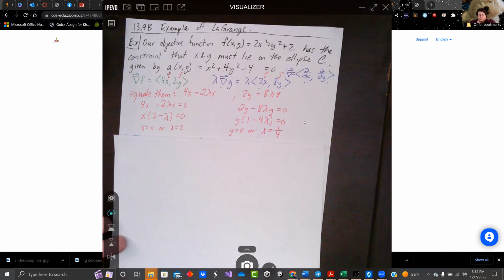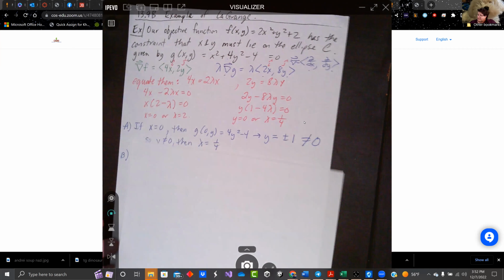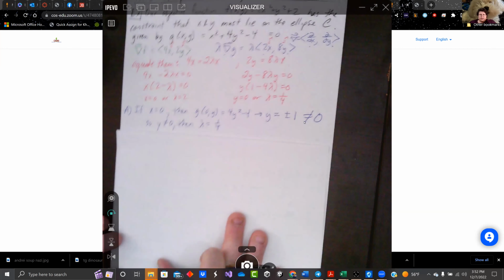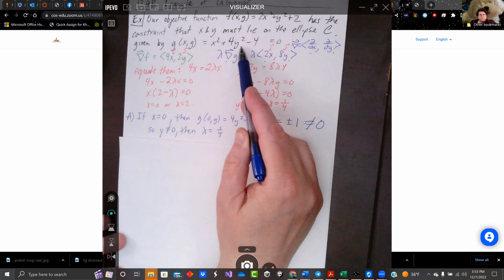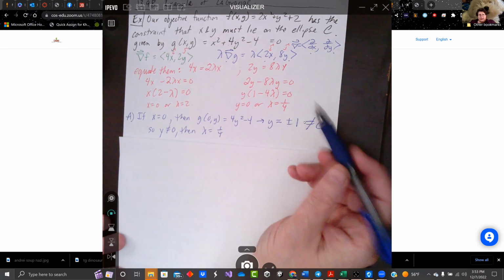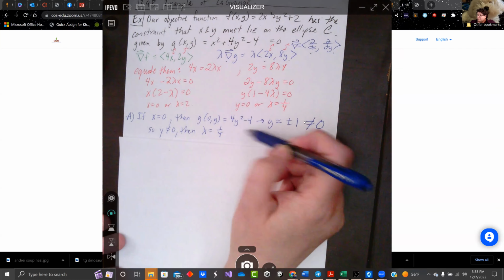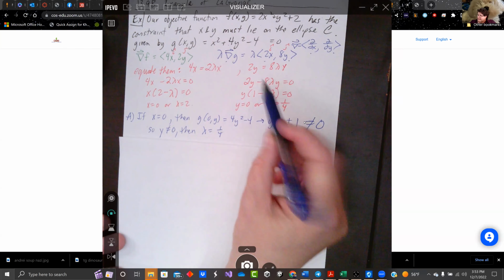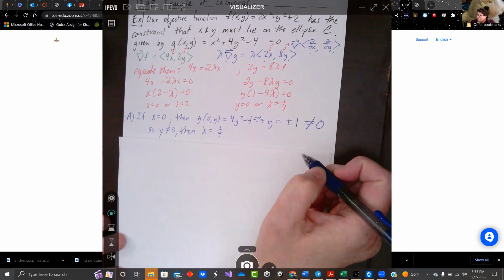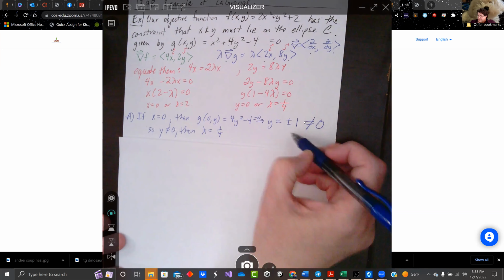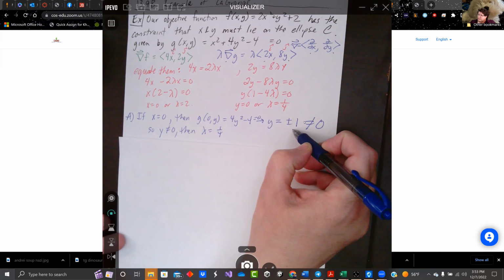Let's check out what happens with both. If x equals 0, then our constraint function, x squared plus 4y squared minus 4 equals 0, turns into just 4y squared minus 4 equals 0. When we solve, we get y equals plus or minus 1.